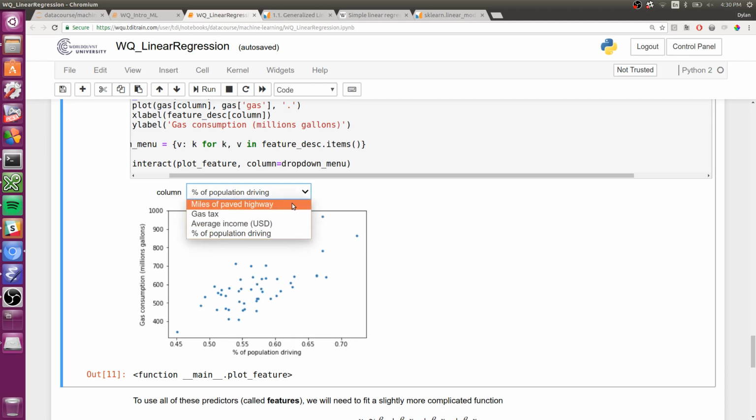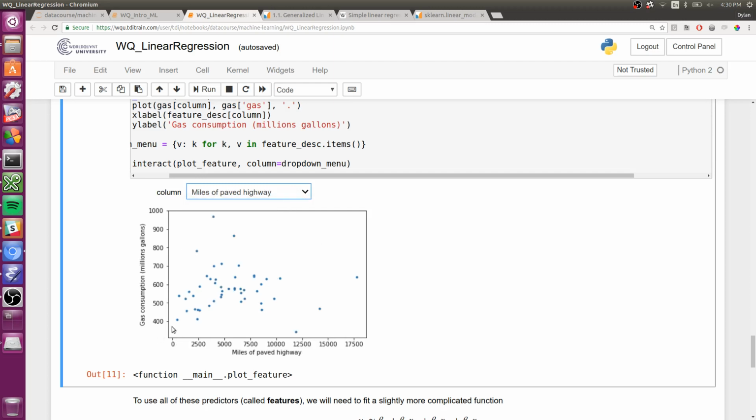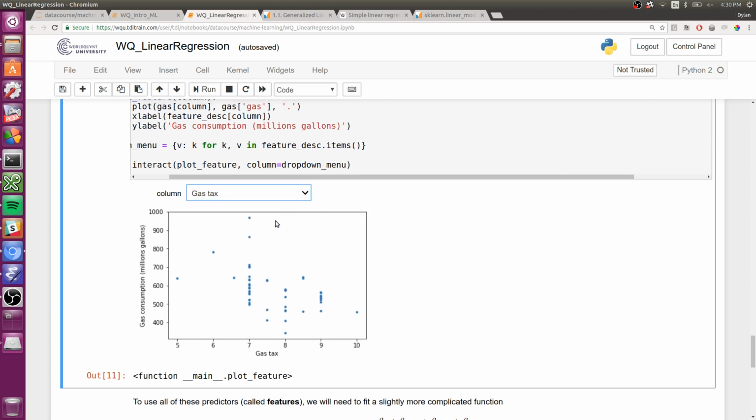So it might not be very wise to fit a linear model to all of these features, because not all of them appear to have a linear relationship with the gasoline that's consumed. Nonetheless, we're going to do exactly that.